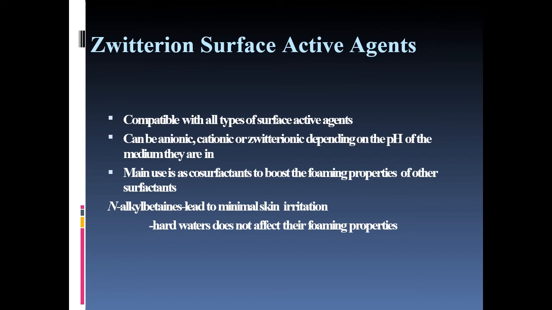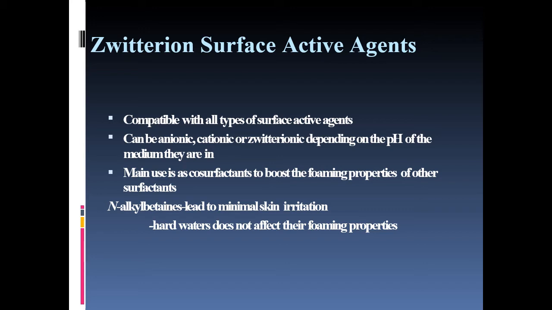I would like to discuss the zwitterionic surface active agents. They have a different property. Zwitterionic surface active agents are compatible with all types of surface active agents, and they can be anionic, cationic or zwitterionic depending on the pH of the medium they are in.